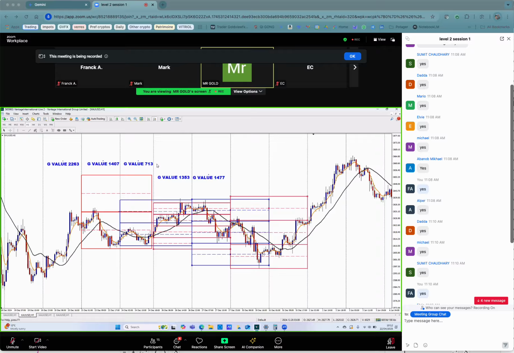Now, one of the things I wanted to clarify with you guys before we start the refresher is somebody was asking, did you just draw the bullish boxes because price was going up? And do you only draw bearish boxes when price goes down? No, absolutely not. It doesn't matter which way the market is going, you need to draw both sets of the boxes.